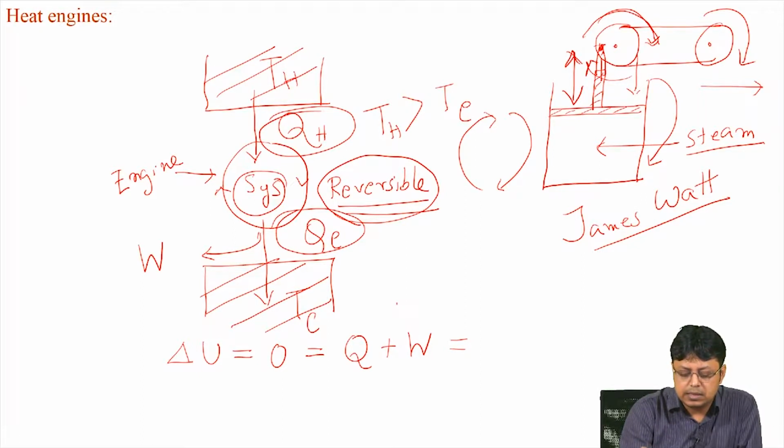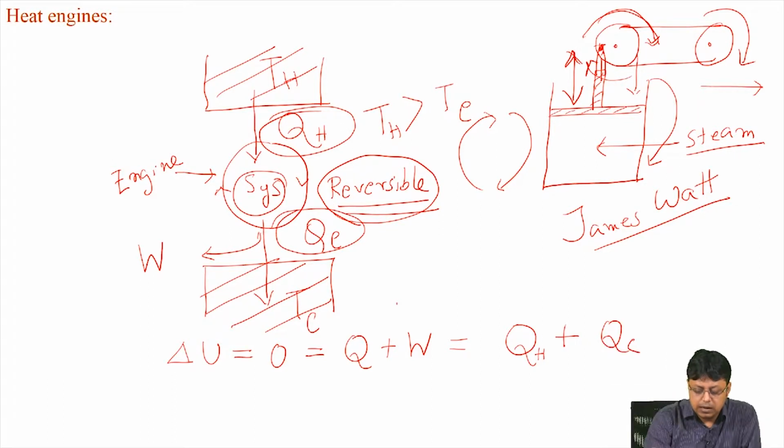So, this Q is nothing but a combination of QH and QC. Note that usually we use a convention that for QH we use a positive sign because it is heat withdrawn from the surrounding into the system, and for QC it has to be a negative quantity because it is released into the surrounding, which is the cold bath here.